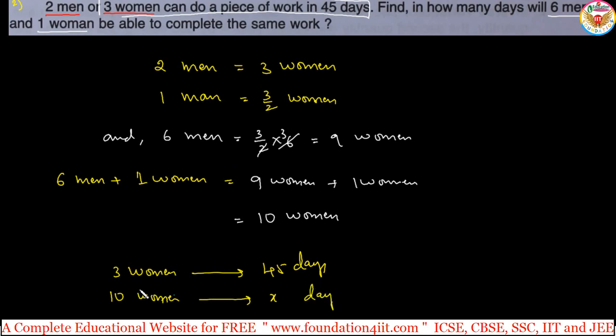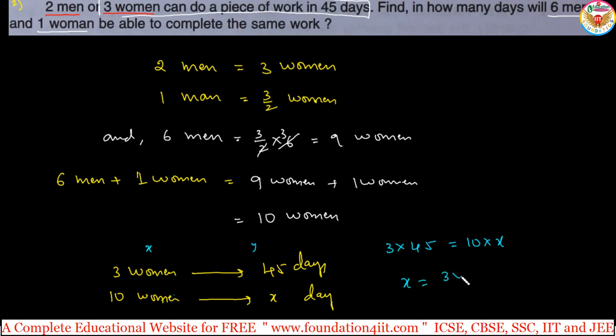Here, when the number of people increases, the number of days is reduced, so it's inverse proportion. Inverse proportion means you go for multiplication: first into first, second into second. Let this be x and let the other be y. x into y is a constant. So 3 into 45 is exactly equal to 10 into x.